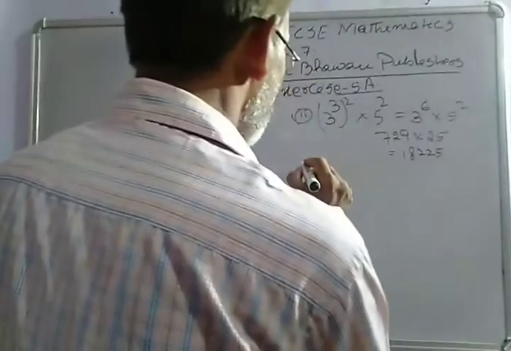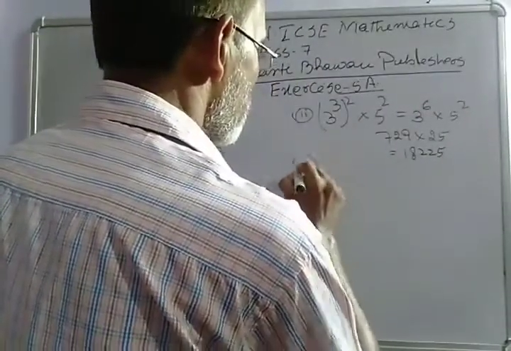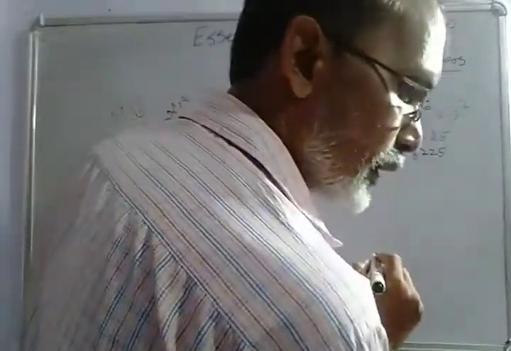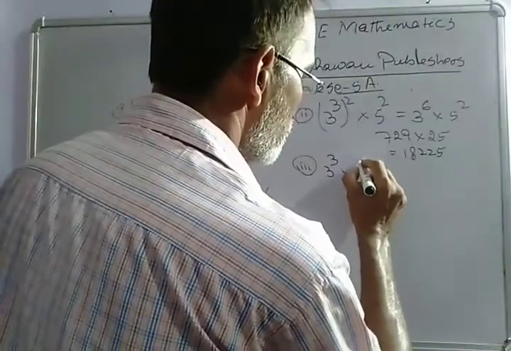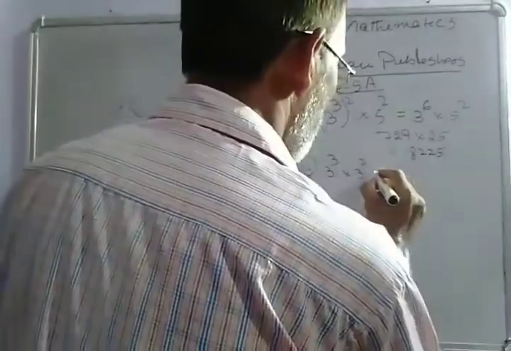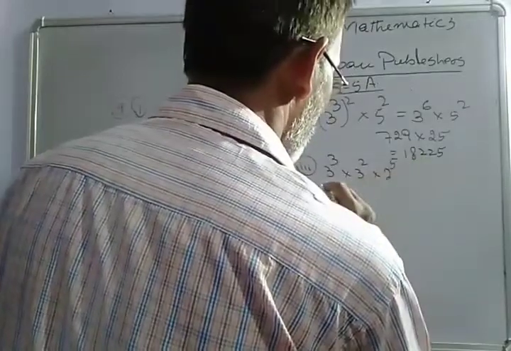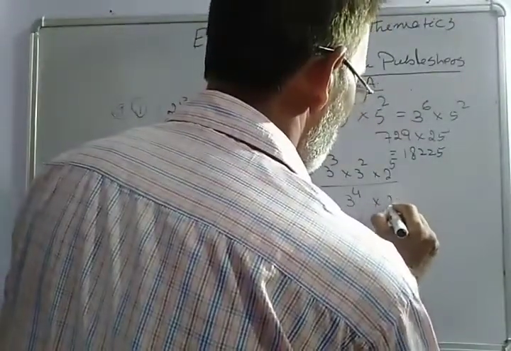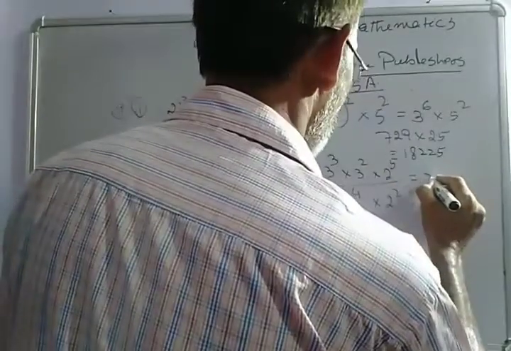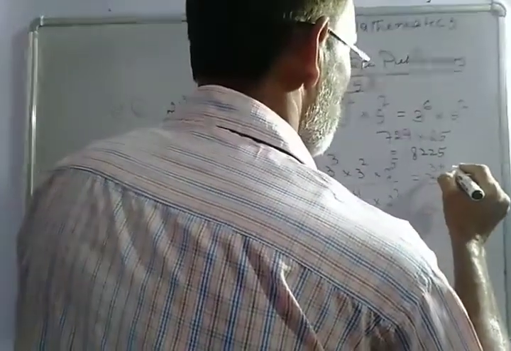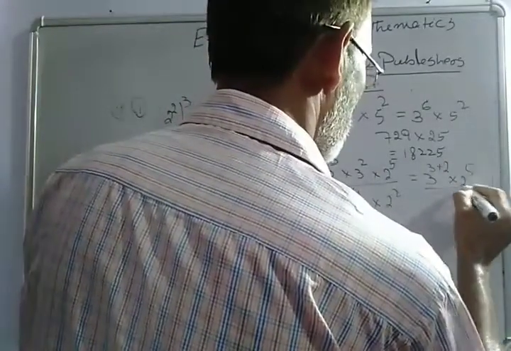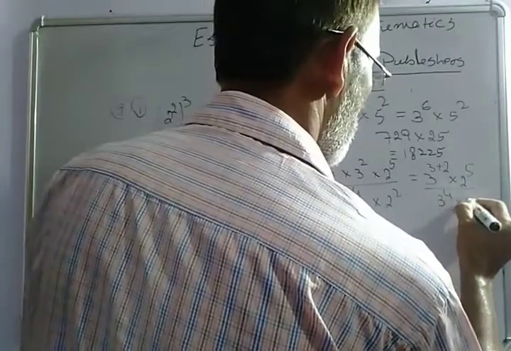Then number 3. 3 to the power 3 into 3 to the power 2 into 2 to the power 5 by 3 to the power 4 into 2 to the power 2.